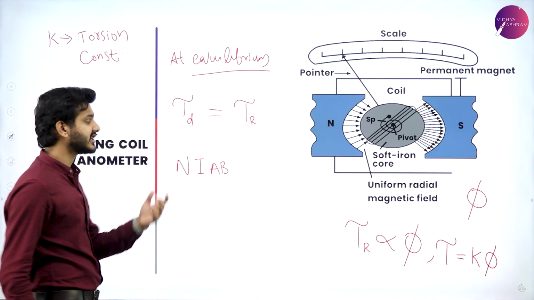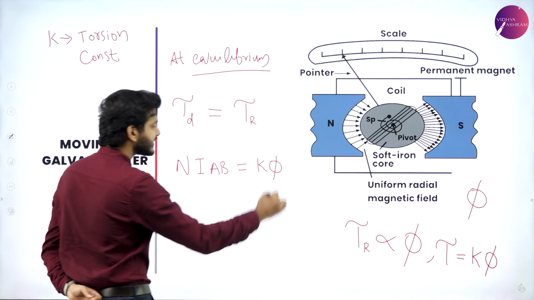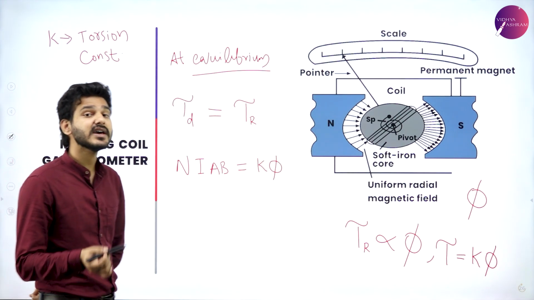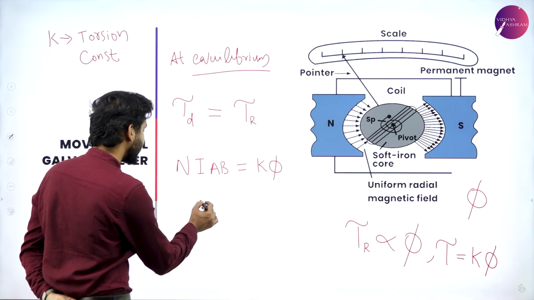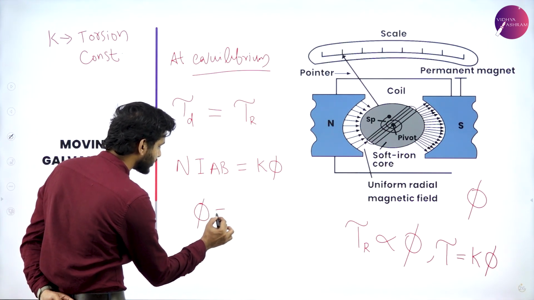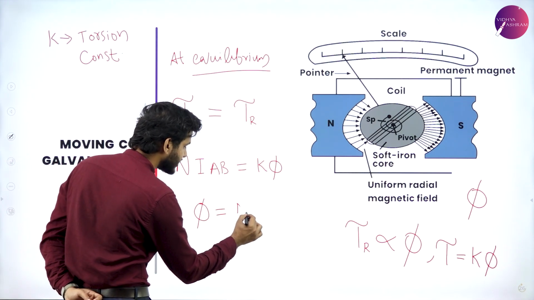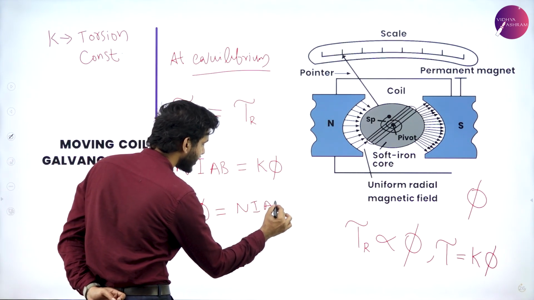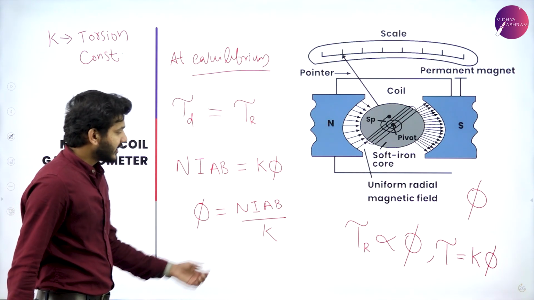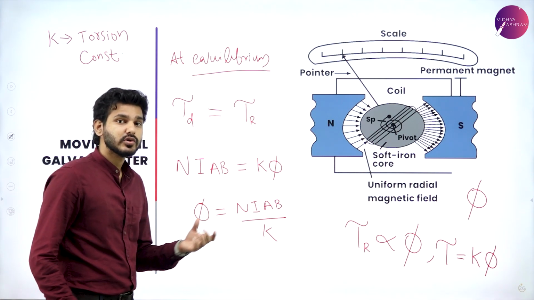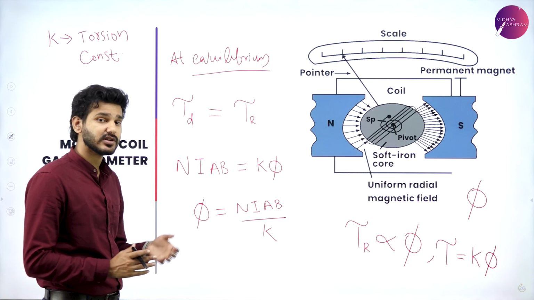Now we have two equations. So we can equate them together and simply write it as such. Now we have an equation to find the angle of deflection. So phi, the magnitude of deflection, is equal to NIAB divided by K. Simply, the amount of current controls how much deflection is produced, and the sensitivity is also concerned.